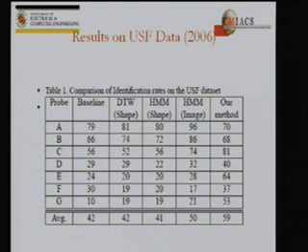Okay, so when we did that experiment with the USF gait data, see, this is A, B, C, D. So these are the probes, they are called. And this is with the left camera, same surface, same shoe type. Right camera, different shoe type. Left camera, the different shoe type.